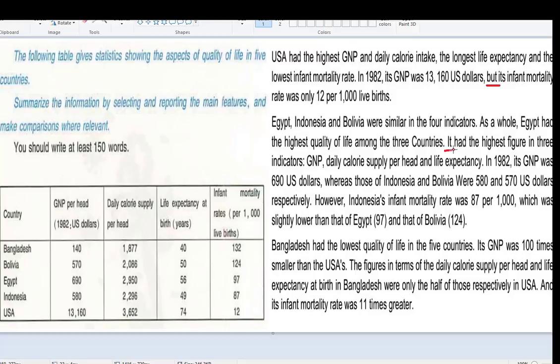Okay, we have some reference in here. It's referring to Egypt. Its GNP, whereas. Okay, so here, whereas is used correctly to contrast.